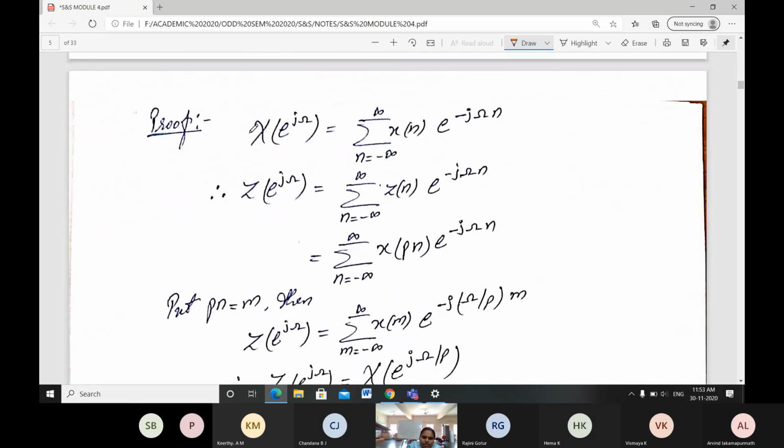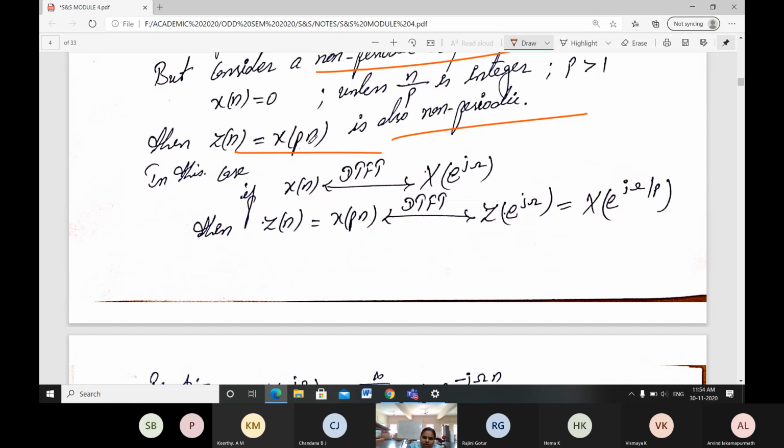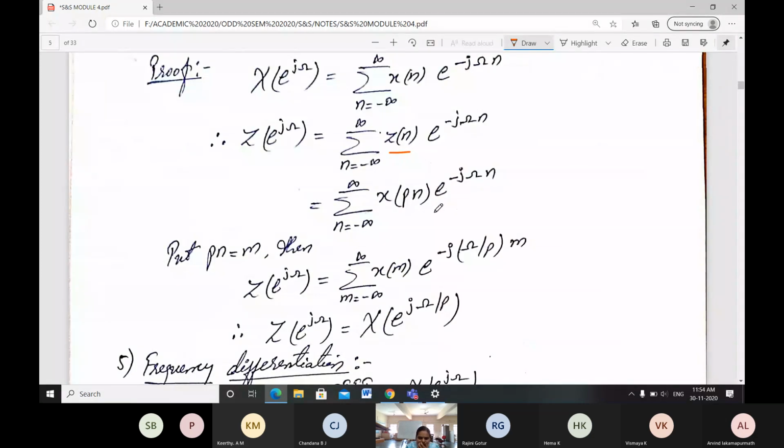Now we'll prove that. Consider the equation X of e raised to j omega equals summation n from minus infinity to plus infinity x of n e raised to minus j omega n. Then Z of e raised to j omega is summation n from minus infinity to plus infinity z of n e raised to minus j omega n, which equals summation of x of pn, substituting x of pn instead of z of n, times e raised to minus j omega n.